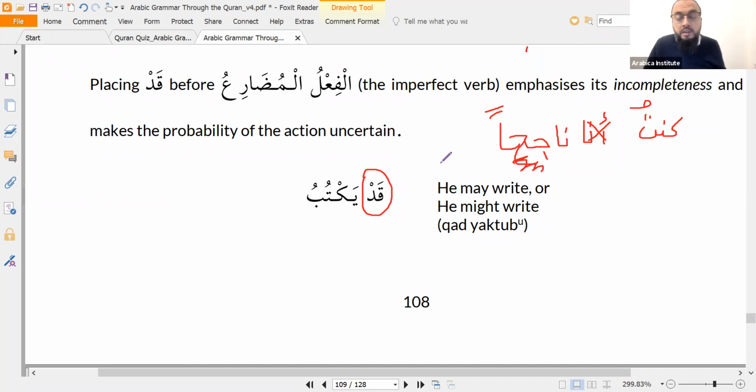Allah definitely knows. Allah says, قَدْ نَرَى تَقَلُّبَ وَجْهِكَ فِي السَّمَاءِ. Does it mean we might see the turning of your face towards the sky? Maybe we see it, maybe we don't. Is that possible for Allah? لا, astaghfirullah. Right? So, قَدْ نَرَى تَقَلُّبَ وَجْهِكَ فِي السَّمَاءِ. The qad there means certainly, not maybe.